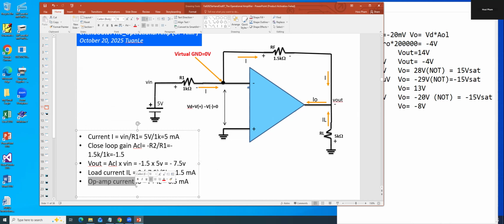I out equals I plus IL. That gives you 6.5 milliamp. In the circuitry, make sure you know VD equals 0. That is a complete analysis for the inverting amplifier.